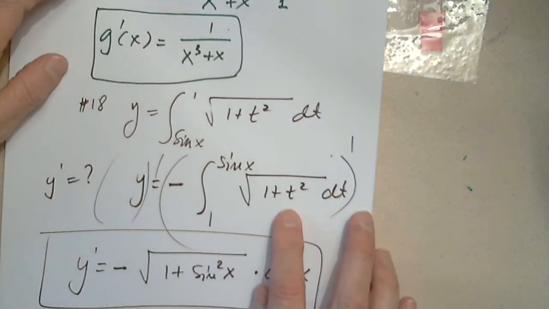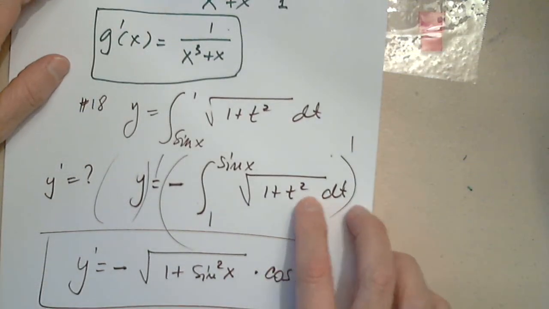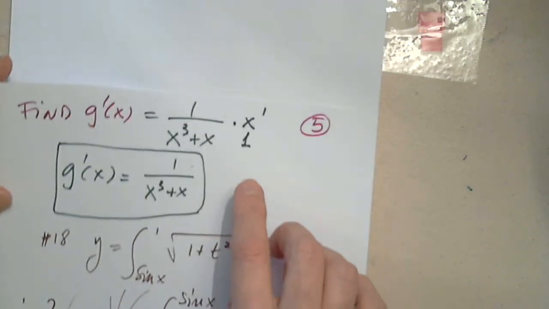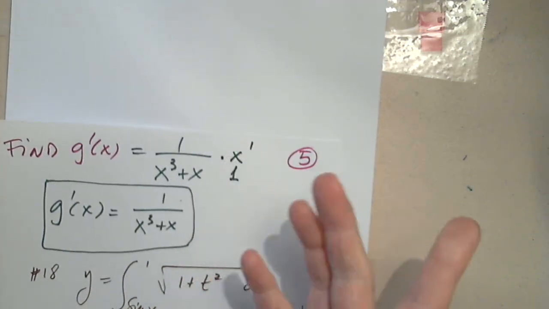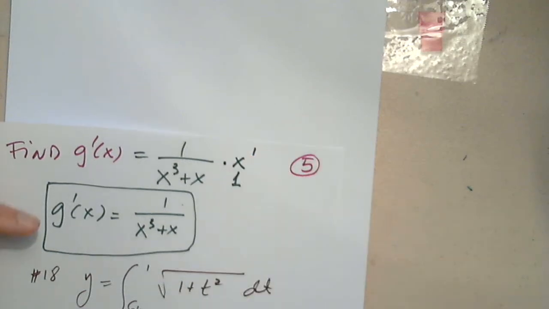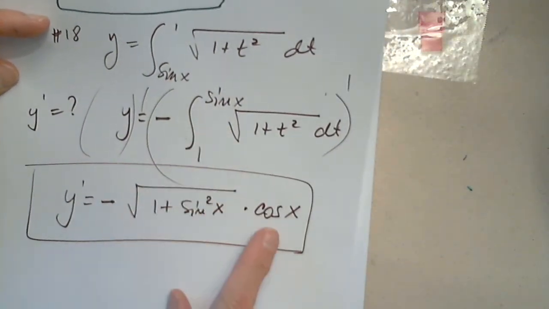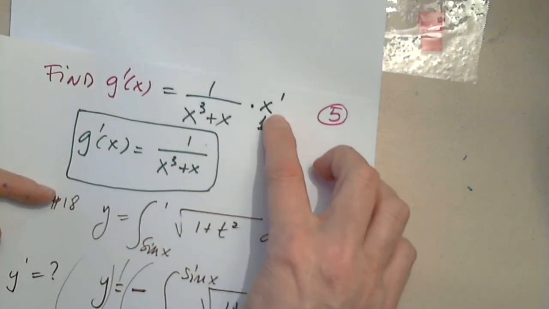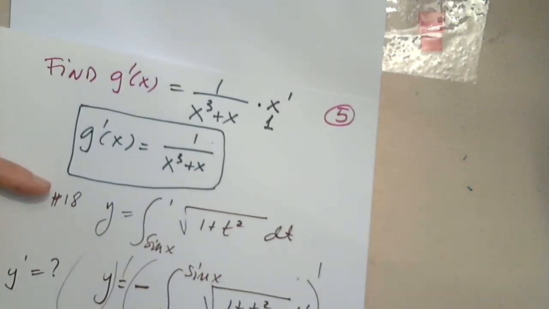And it will be sine x squared, that's how I get sine squared. And now I have to multiply by the inner function prime. This is the inner function now. x was the inner function before, but since its derivative is 1, it's just 1.